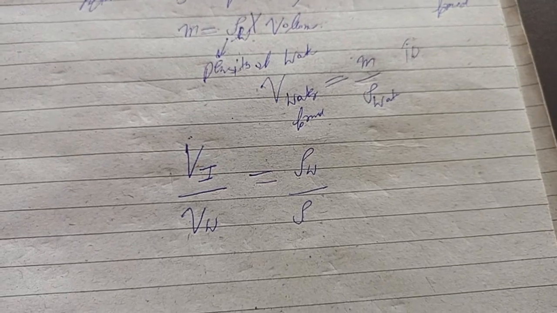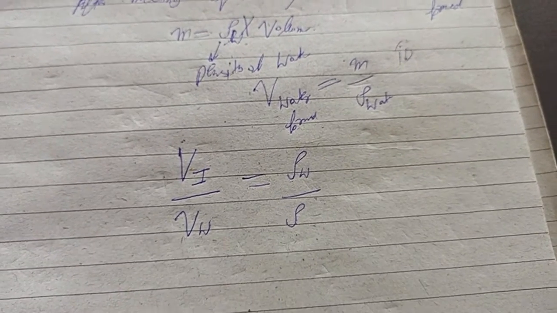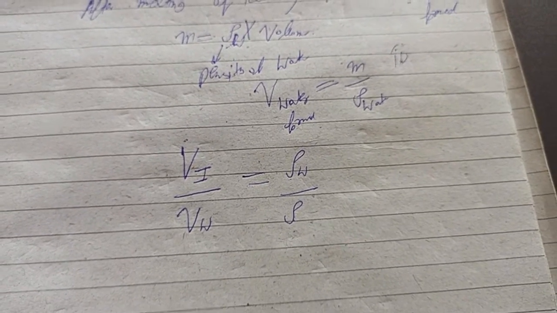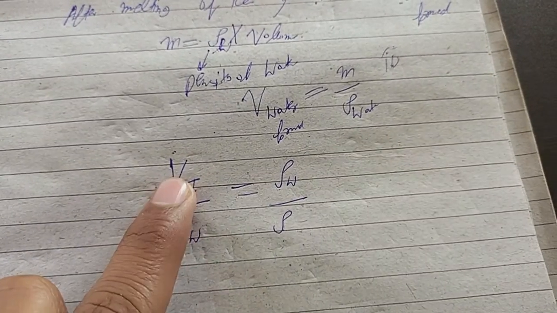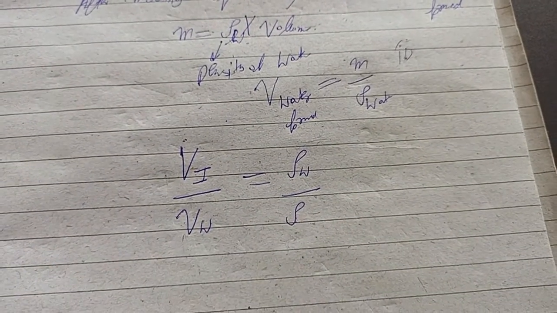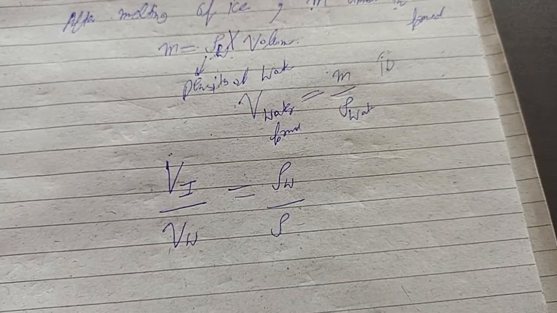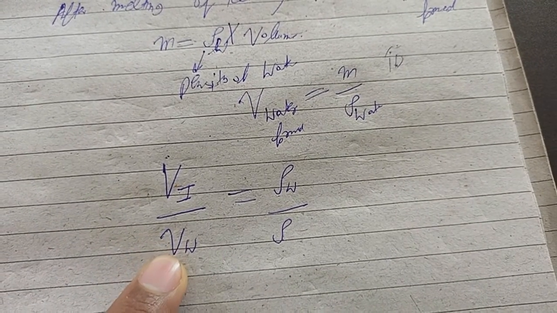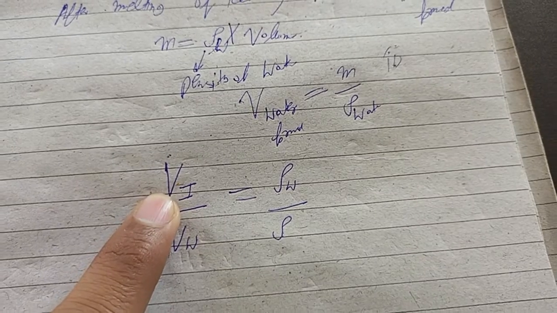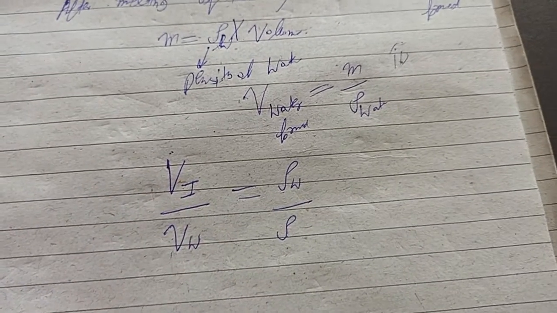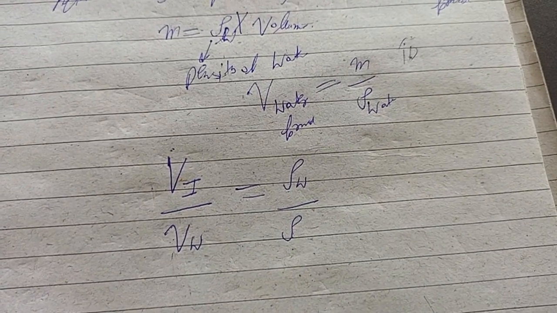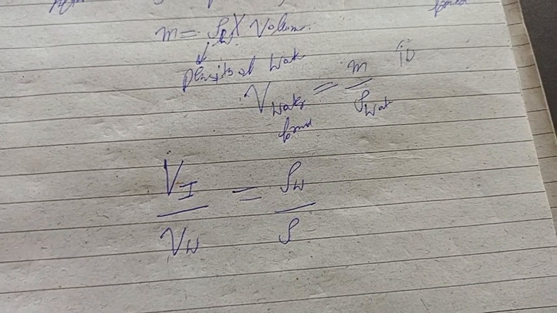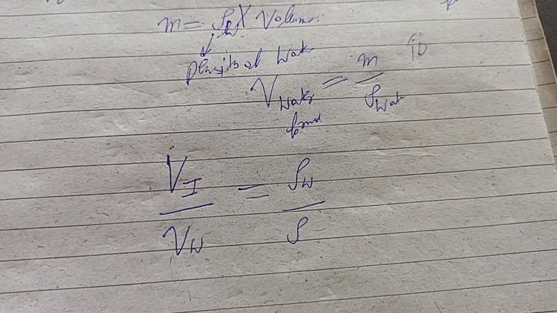Vi is disappearing and Vw is appearing. If the volume of water appearing and the volume of ice disappearing are equal, then the level will remain constant.